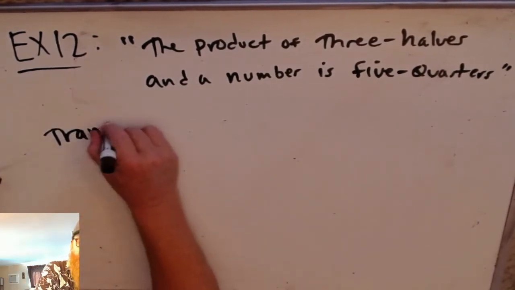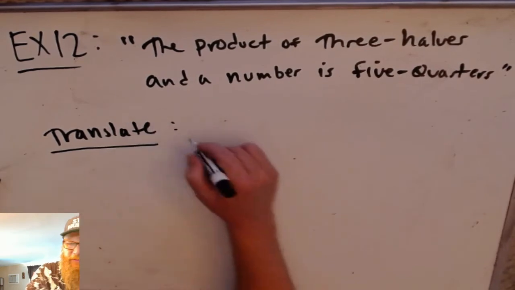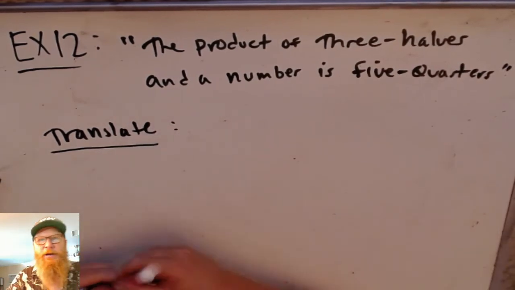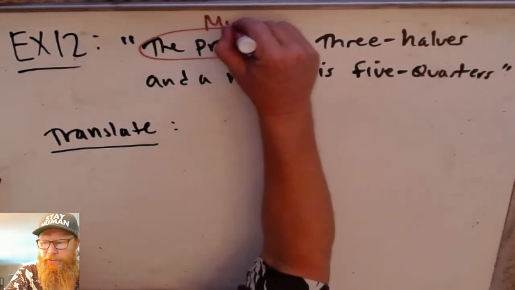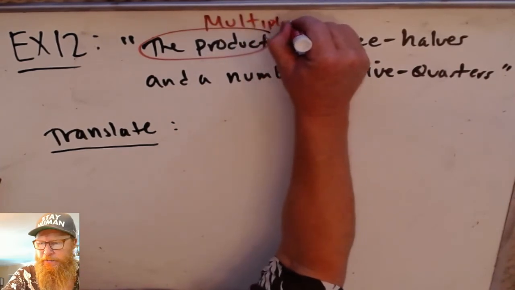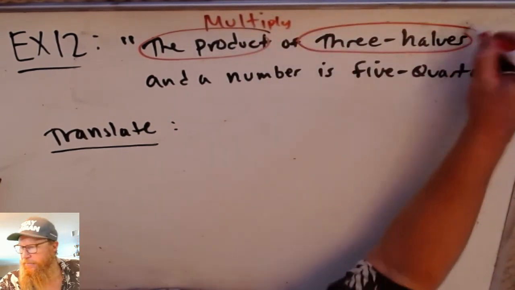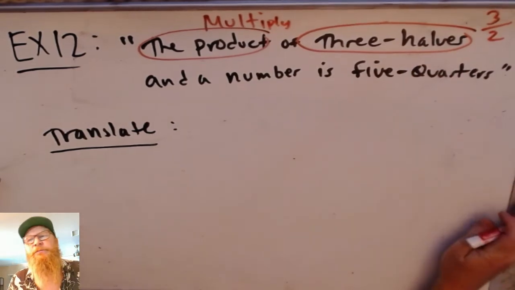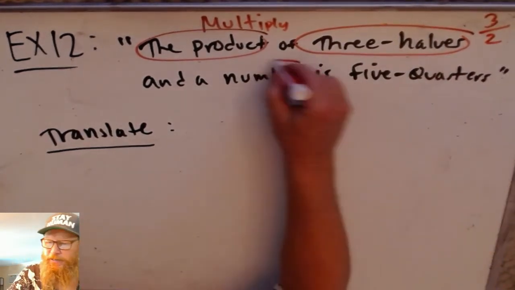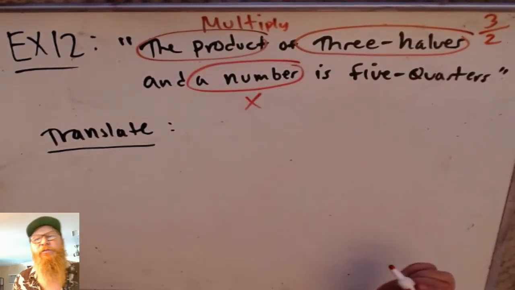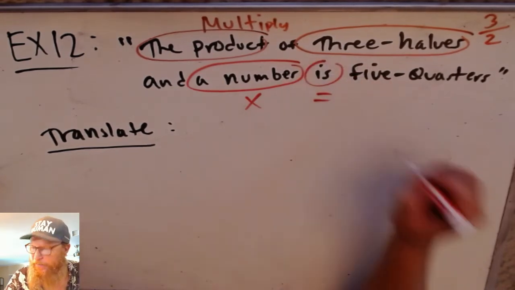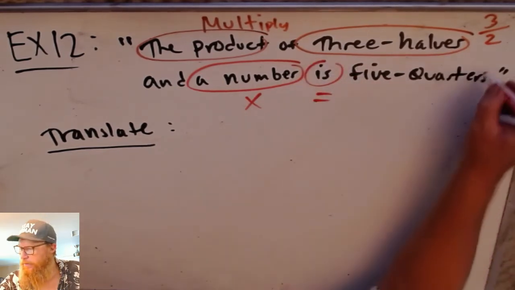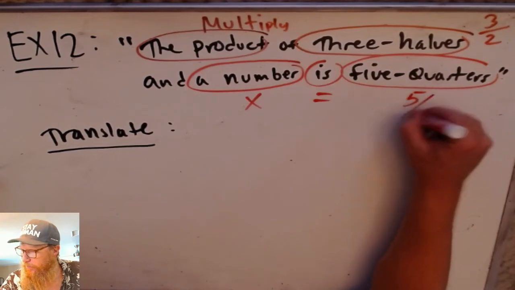So let's translate it first. Product, multiply. 3/2 means 3 over 2. A number means x. Is means equal. 5/4 means 5 over 4.